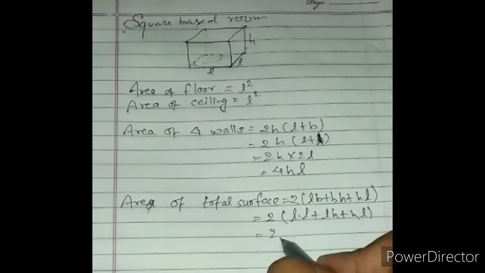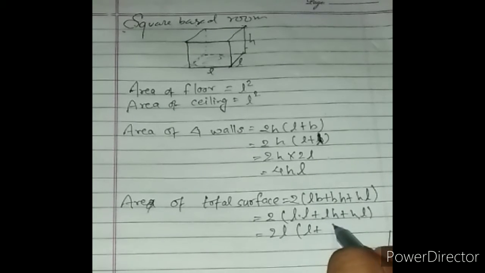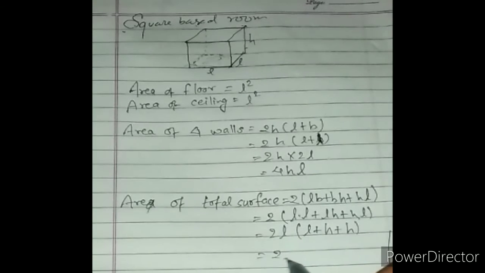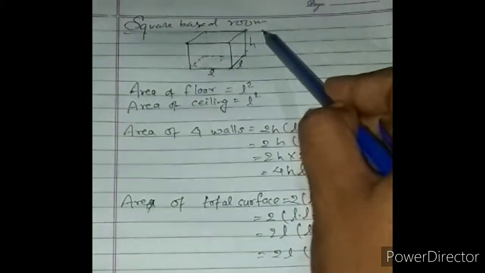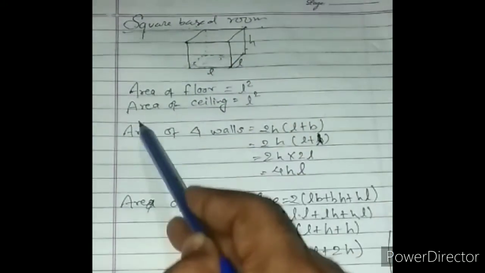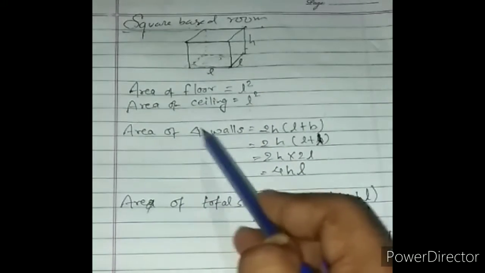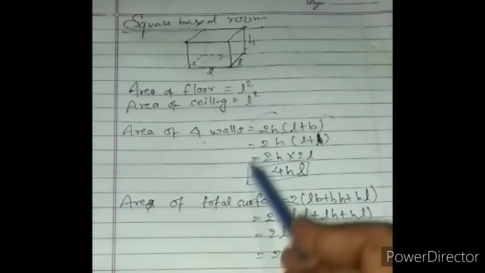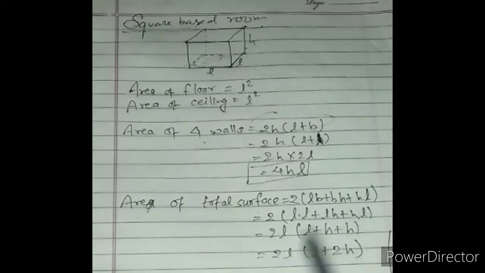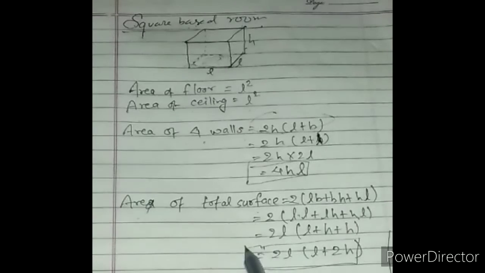From these three terms, L will be common: L plus, here is also H, and here is also H. 2L(L plus 2H) is the area of total surface if the base of the room is square. Area of floor L squared, area of ceiling L squared, area of four walls 4HL, area of total surface 2L(L plus 2H).